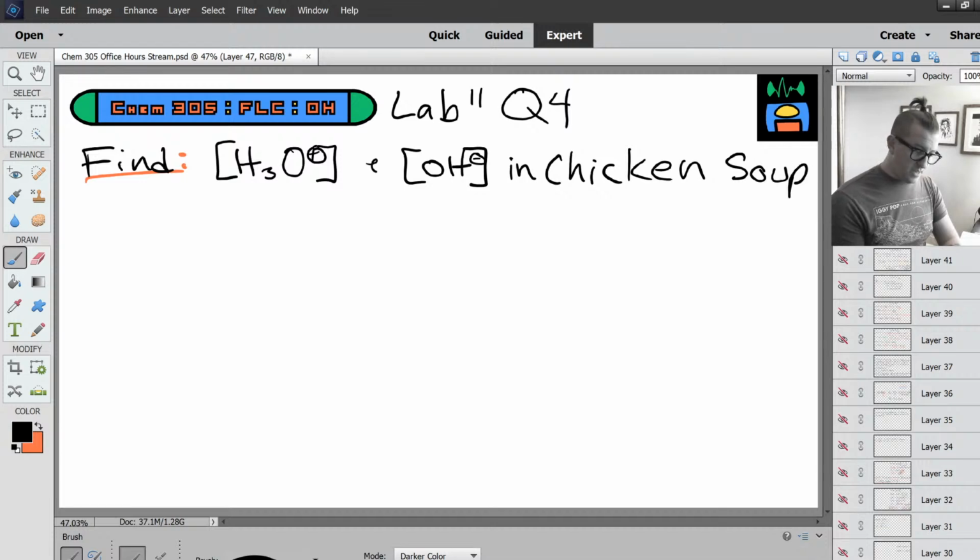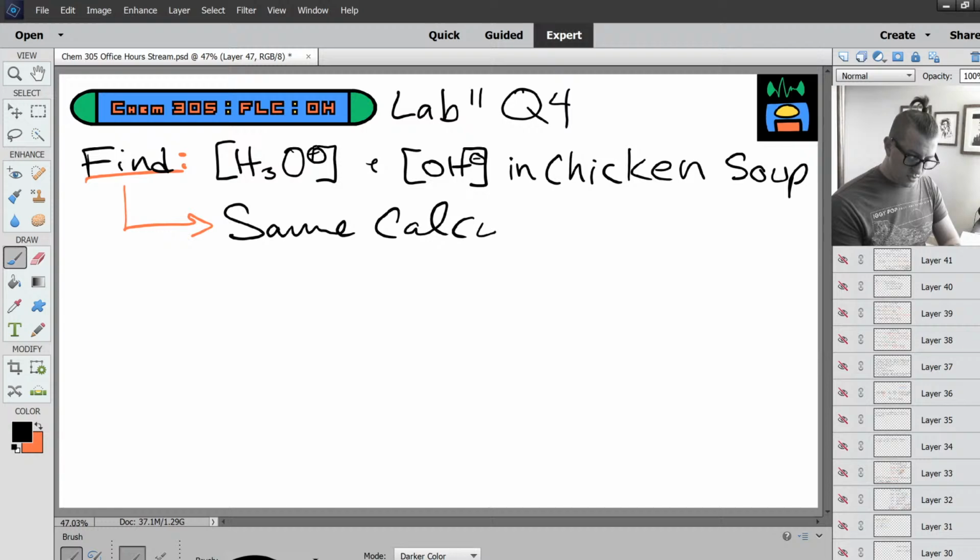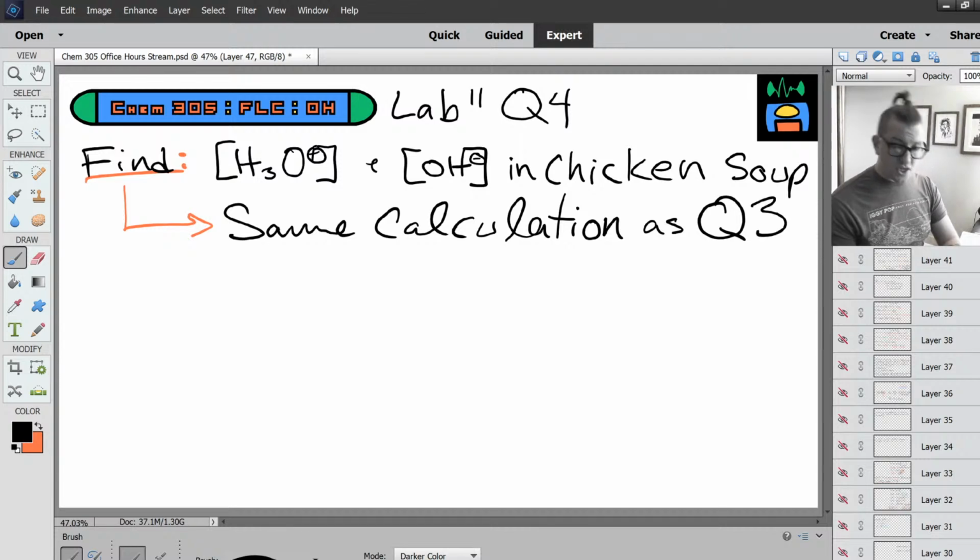All right, and to do this is the same calculation as question 3, which I did earlier. So go back, take a look at that situation. That'll show you how to calculate the concentration for hydronium and hydroxide.